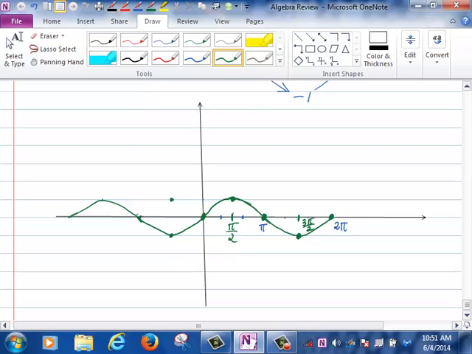You're shifting it to the left by 2 pi units. Plus or minus 2 pi gives you the same thing, because it's periodic with period 2 pi. Okay, so that's the graph of sine. Can someone tell me, what's the graph of cosine?